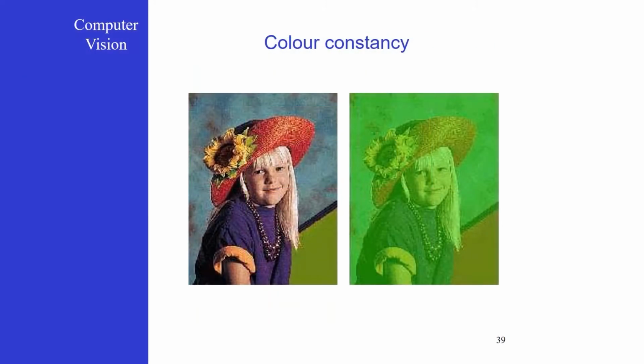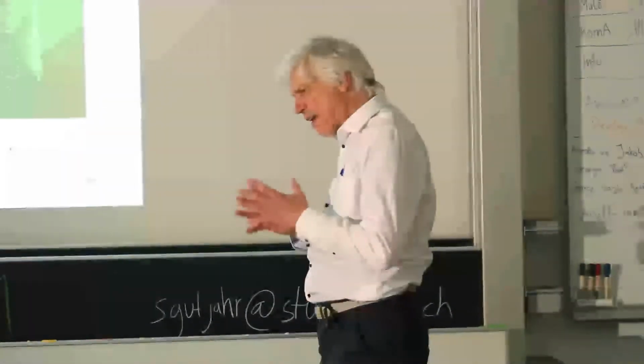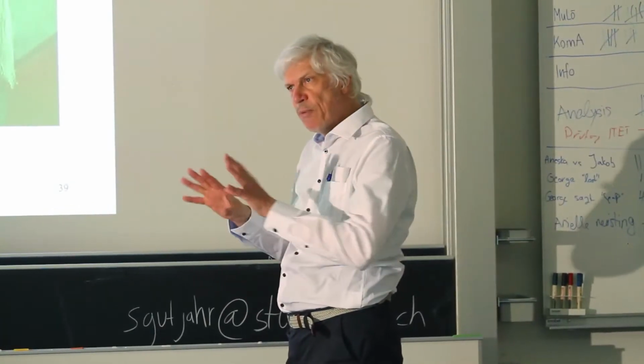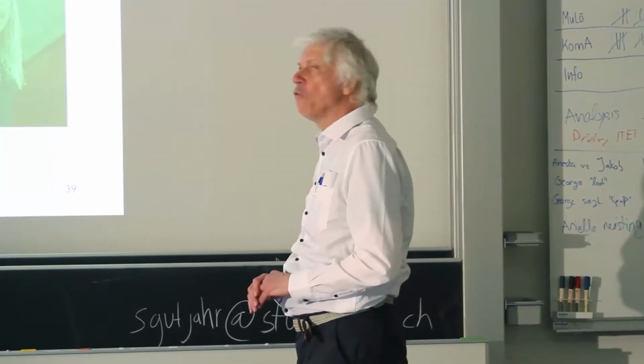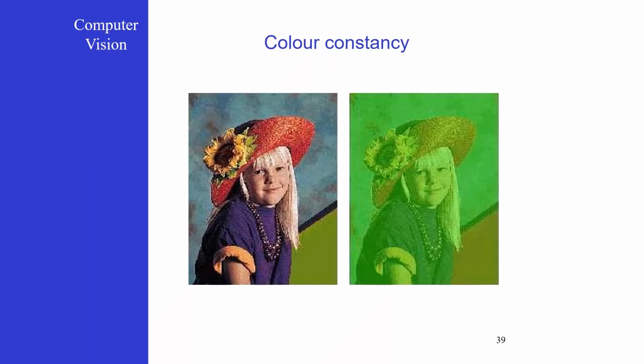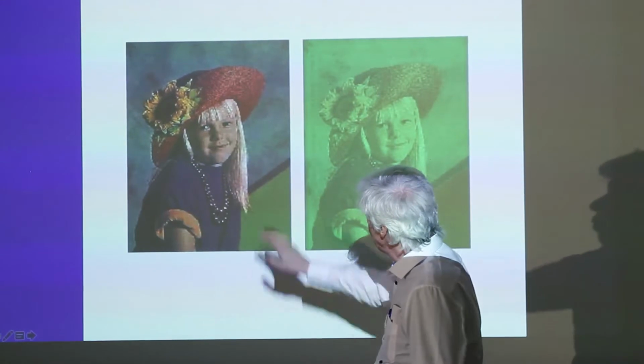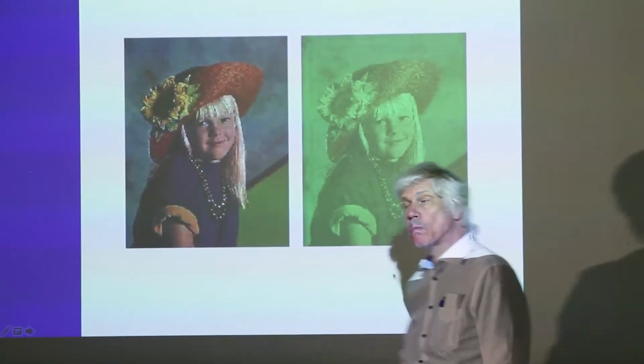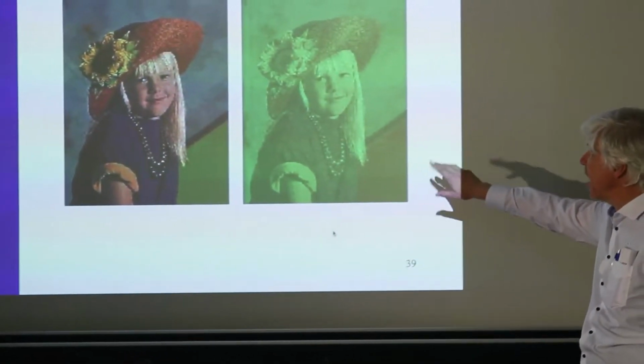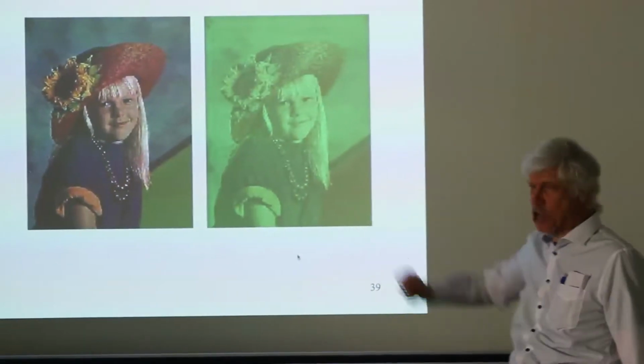Let's look at a more outspoken example of what we have just seen, which is all about context. The Benussi ring, we mentioned that with intensity, it was about context of the background versus the foreground. That is different for the top and the bottom. But it's a better example to show color constancy. So suppose we have this scene here, a guy with a hat in white illumination. And this is the same scene, but now under very greenish illumination.